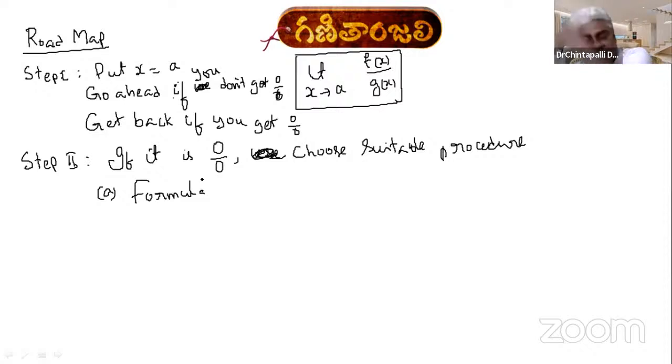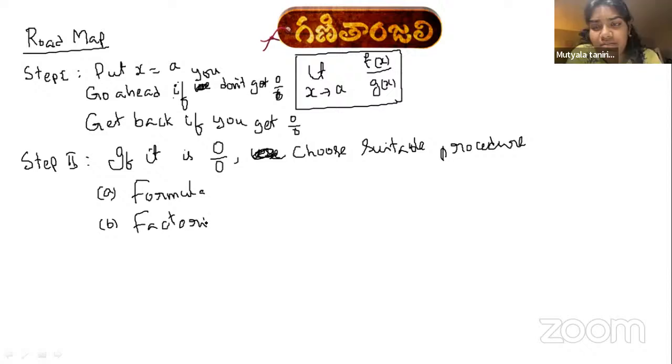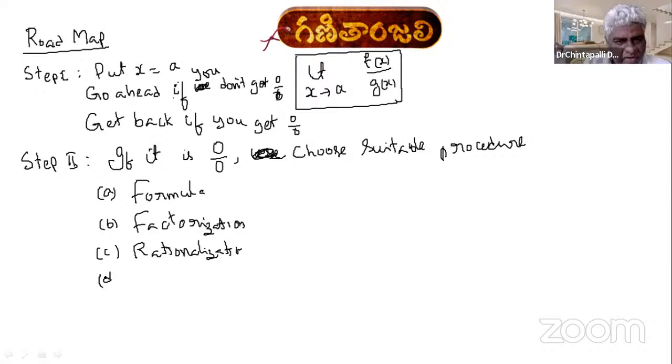I told a few formulae in the last class. Second one, factorization. Take a screenshot of these notes. Third one, rationalization. Fourth one, L'Hopital rule.